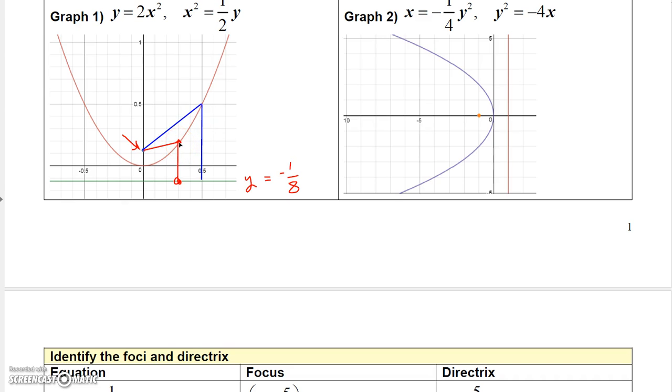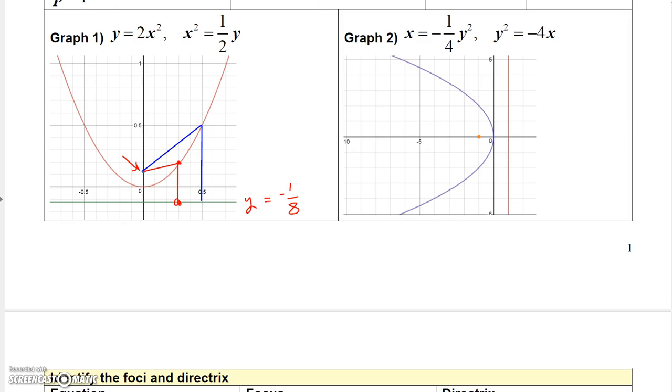If you look at this point here on the parabola, it turns out that this point is the same distance from the focus here as it is from the directrix. See how the two red segments are the same length? Then I picked another point up here, and I drew blue segments from the focus and then a blue segment to the directrix, and notice that these two blue segments are the same length. So basically every point on this parabola has that property, that the distance from the point to the focus is the same as the distance from the point to the directrix. And so that's what they mean by that statement in the very beginning.